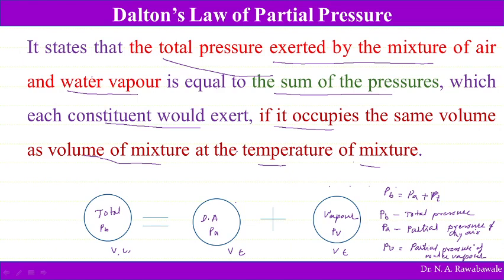So this is how we can find the total pressure exerted by a mixture of two different constituents mixed together, at the same volume and temperature as the individual constituents.